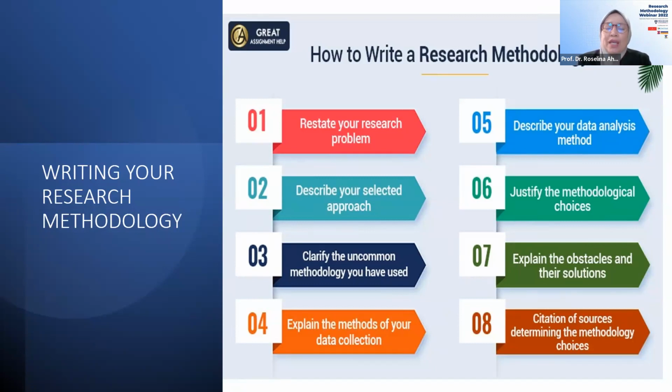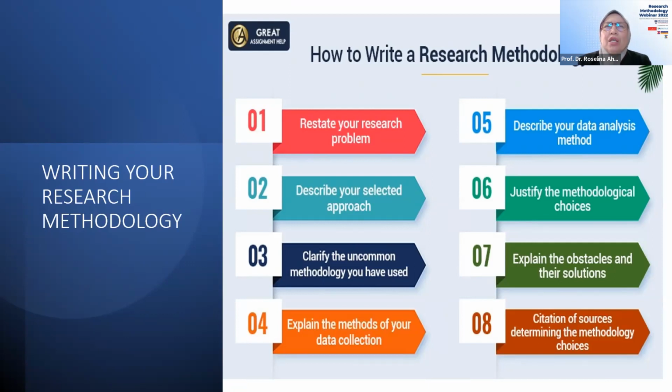And then you need to be able to describe your selected approach. What research design do you want to use, what is the philosophy, as I've discussed with you, the layers in the research methodology in chapter 3. Then clarify any uncommon methodology that you have used.